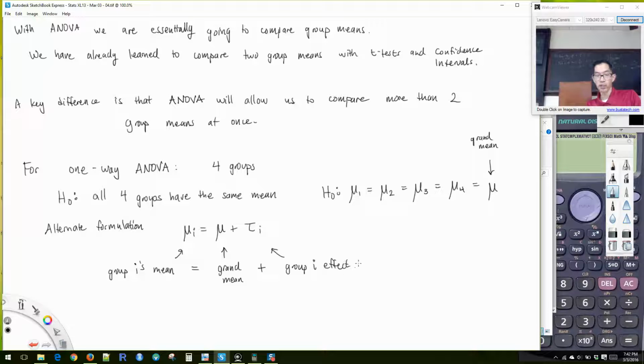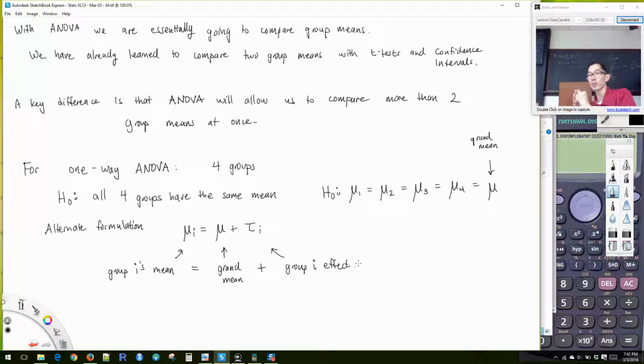If the average height of all people combined is like 5'7", maybe the group effect of being male is plus 3 inches, so the male average is 5'10".